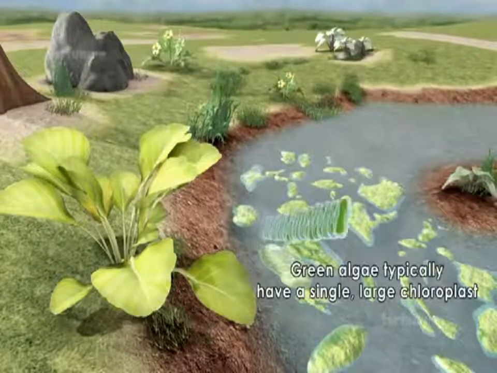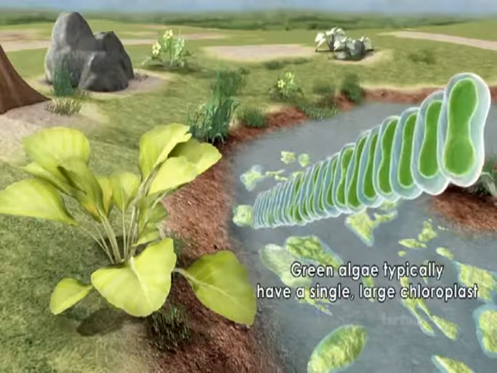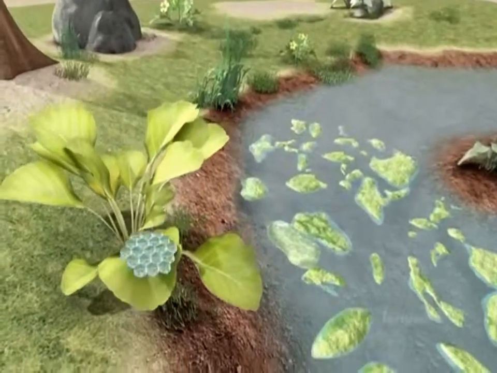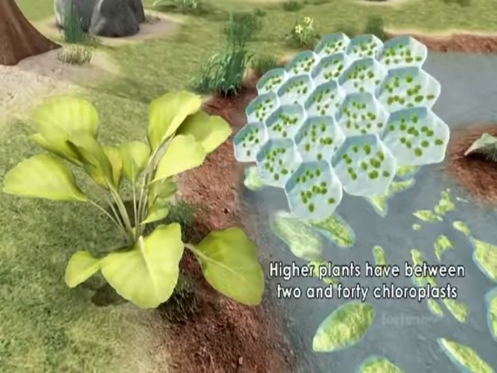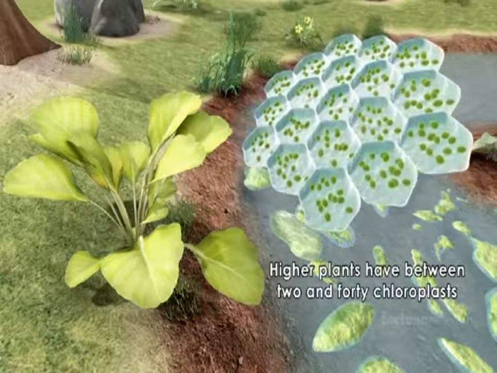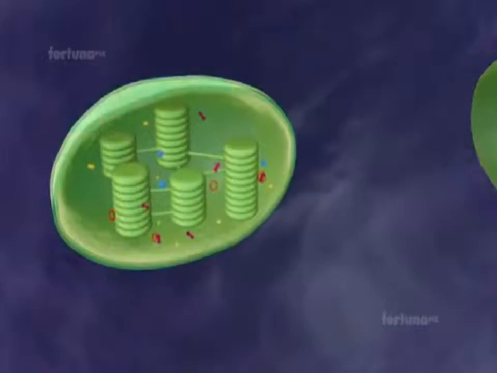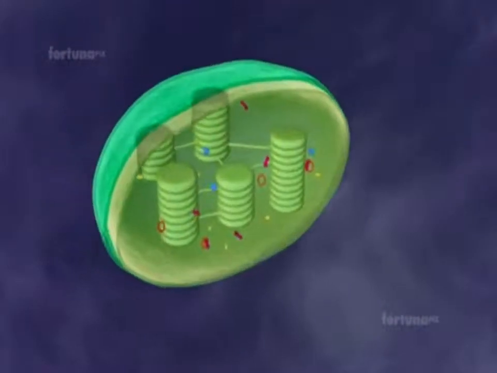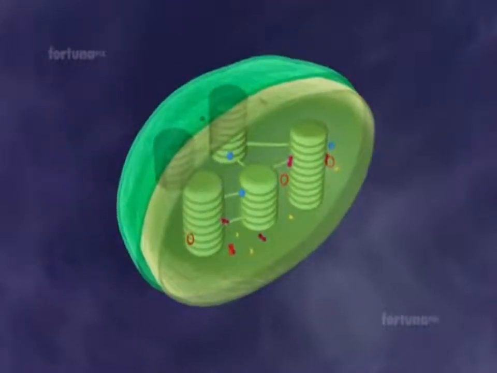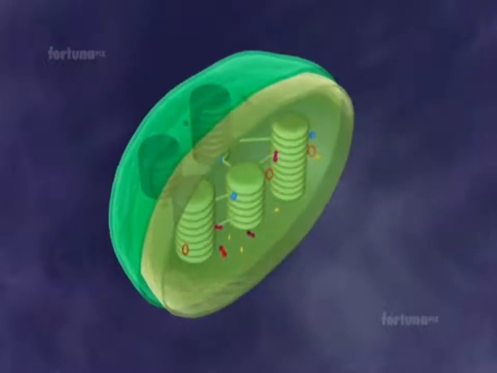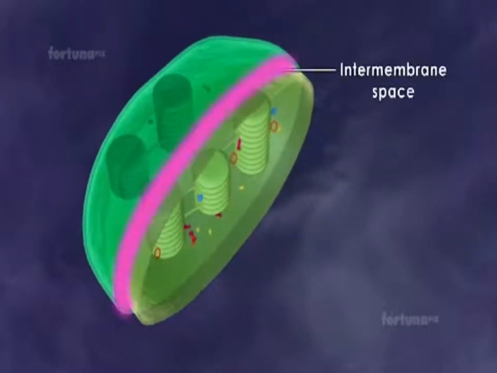Green algae typically have a single, large chloroplast, while the cells of higher plants have anywhere between 2 and 40 chloroplasts. The chloroplast is enclosed in a double membrane, the inner and outer phospholipid. Between these two layers is the intermembrane space.